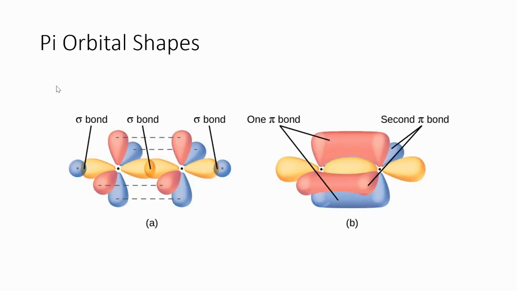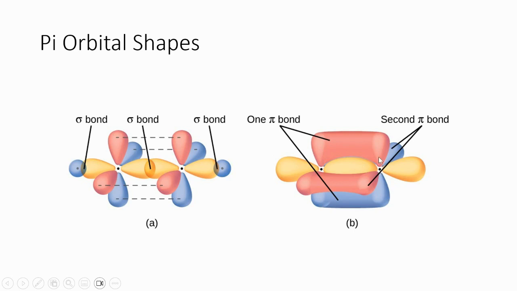Now, I just put this image here to show you what these pi bonds look like. So if we look at these two orbitals here, so the one that's looking directly up and down around the central atom, if they were to bend over and form a pi bond, you can see the electron dense region is above the sigma bond and below the sigma bond.